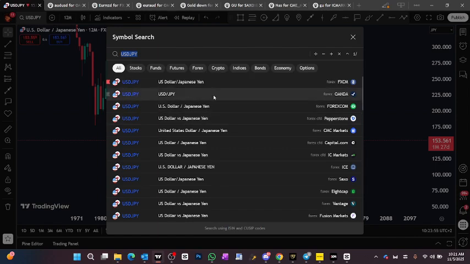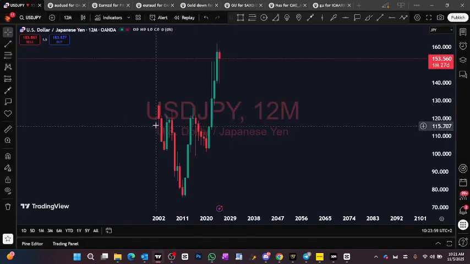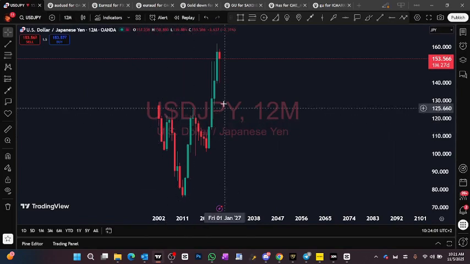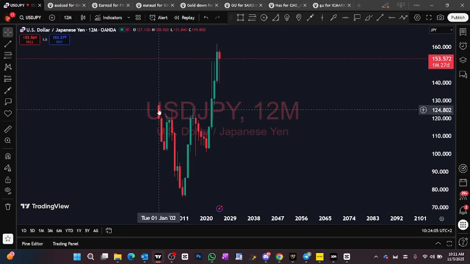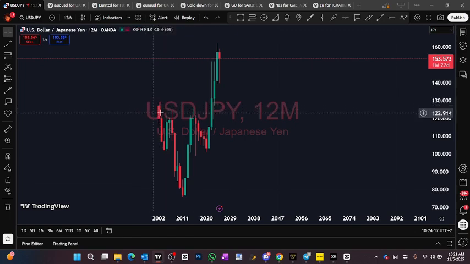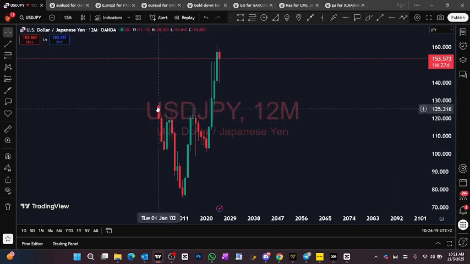So for example, let's go with Oanda. Oanda started being alive, for lack of a better word, in January 2002 with this candle. January 2002, that's when UJ was alive with their historical price.